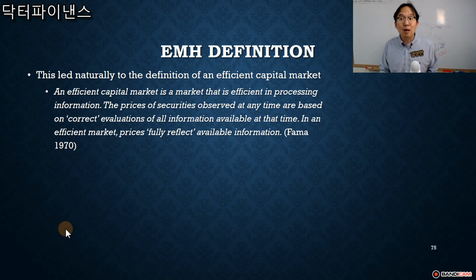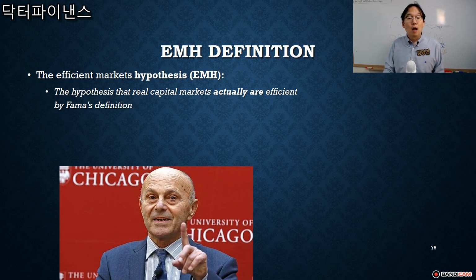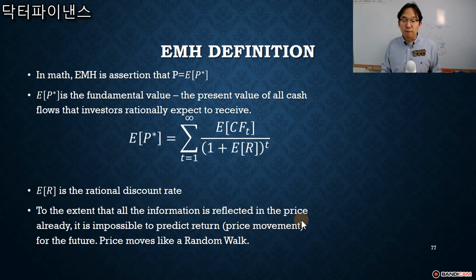Eugene Fama is the one who won the Nobel Prize in 2013 for his papers and contribution, starting from his papers in 1970. You can read about the definition of the EMH, right? And then he looks like this, and value, true value.